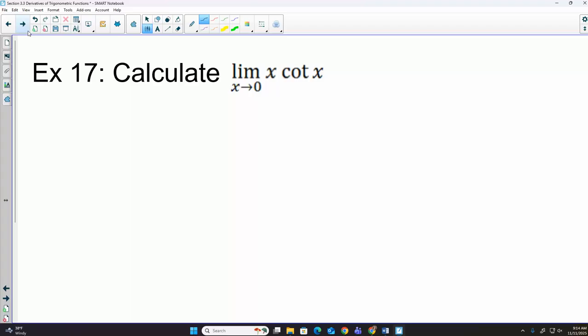Any ideas on what we could do? You can make it 1 over tangent. There might even be a better option because I don't have any identities with tangent, do I? Cosine over sine, cosine, cosine.